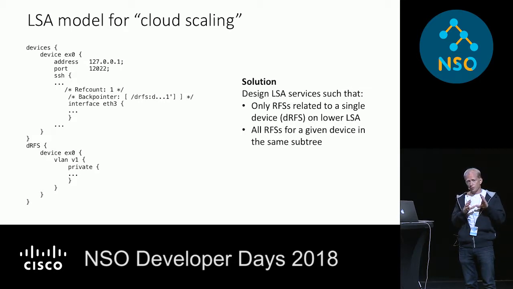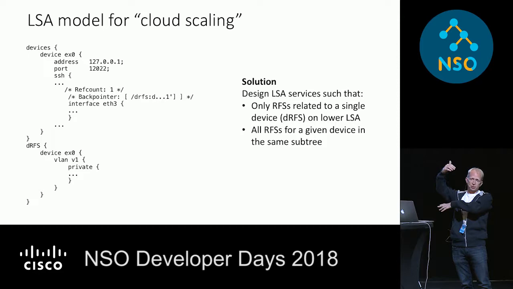But what if we had just the device configuration and services touching a single device? Then we could fairly easily package that up as a single configuration file and move that to another node and install it there. And then we just have to update whoever created those services to point to the new node instead.